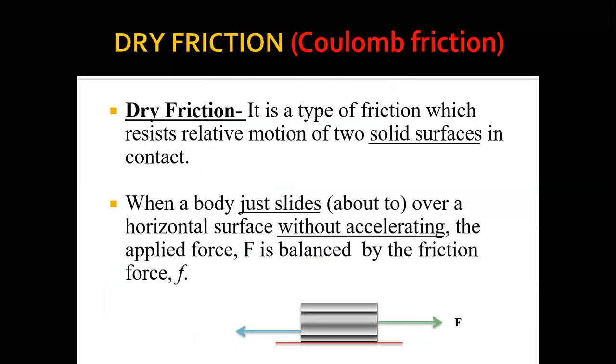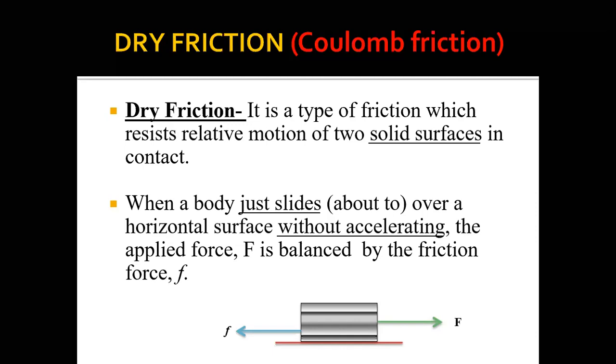Now when a body slides or is about to move over a horizontal surface without accelerating, so just on the verge of moving, the body is static but just on the verge of moving.